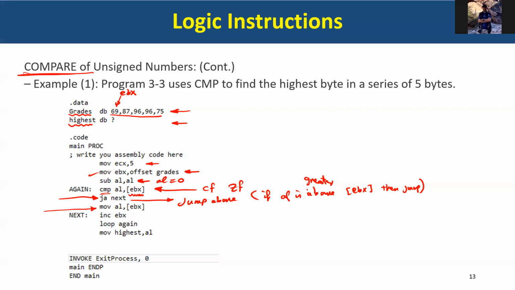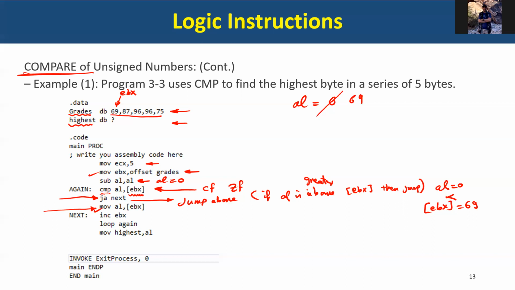In that case, AL equal to 0 is less than what's pointed to by EBX, which is 69. That's why we will not jump, and we will execute that line. AL will change to 69, so 69 is our first guess for the maximum value.